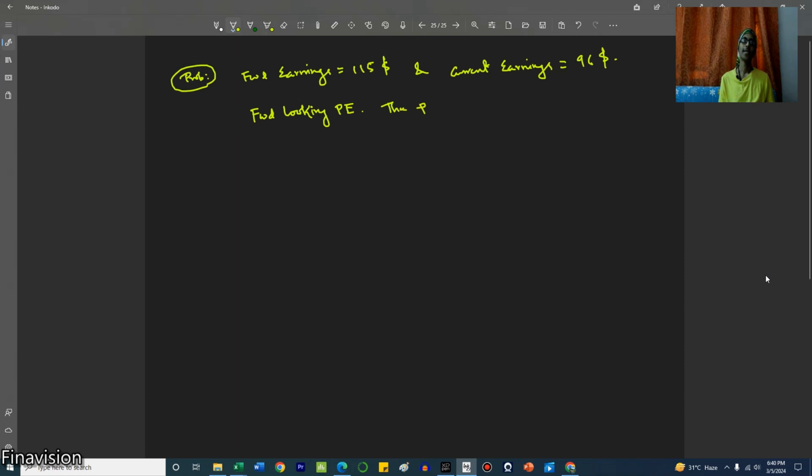The price projected 1 year ahead is, let's say, $2,000, projected 1 year from now.